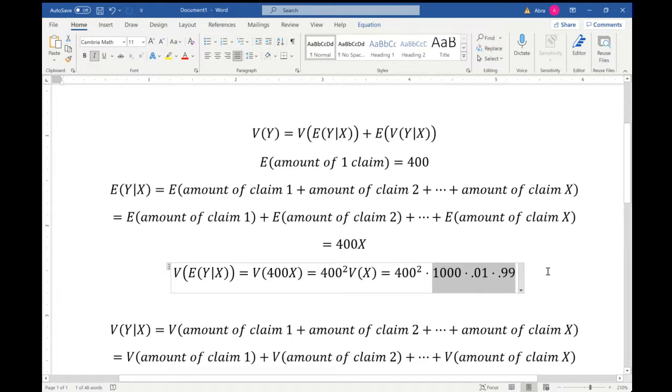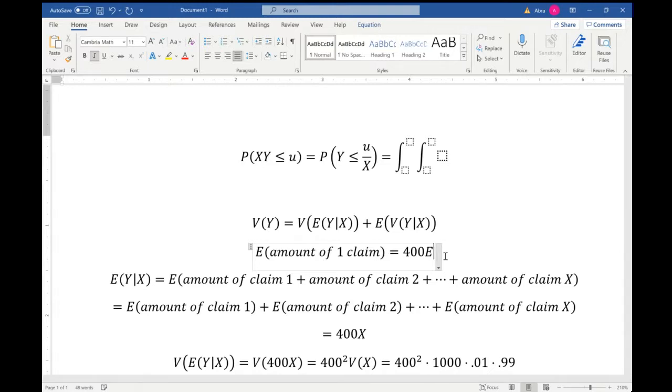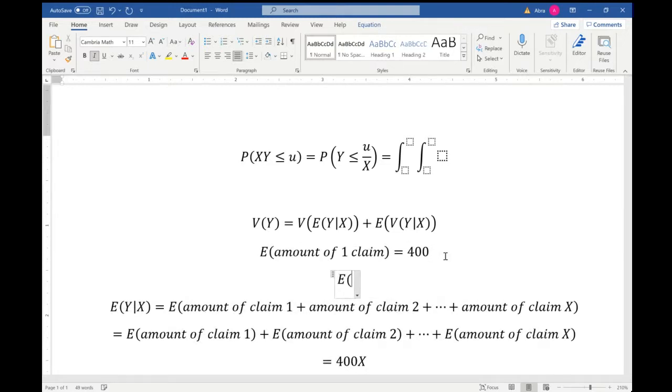I'm getting confused because at the very top, the expected value of the amount of one claim is 400, and I'm mixing that up with the expected value of X itself. No, X is the number of claims. Okay. And for the expected value of the amount of one claim, there's no variable thing to that, not as we've set it up here.